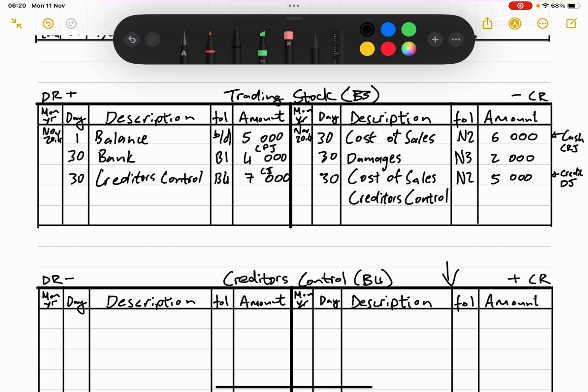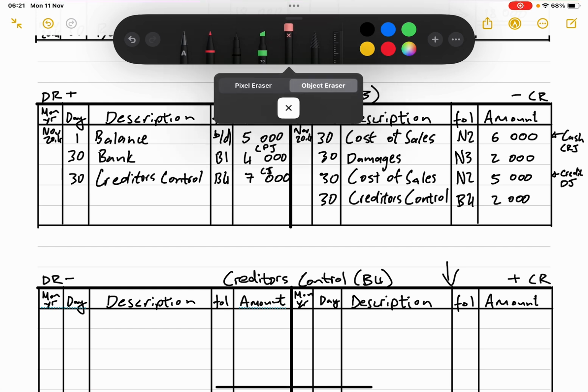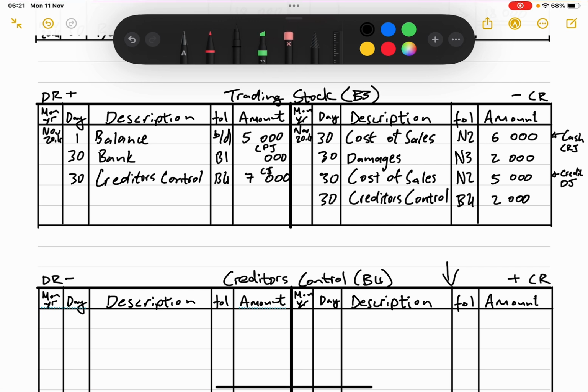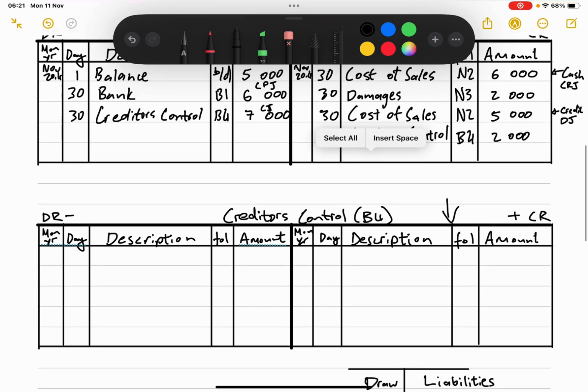So your contra account to this return in the trading stock account is your creditors control, and that's B4. Let's say we made a return of 2,000 rand, because for some reason those goods were damaged and not good. And we're going to change these figures again. Nice. Awesome.